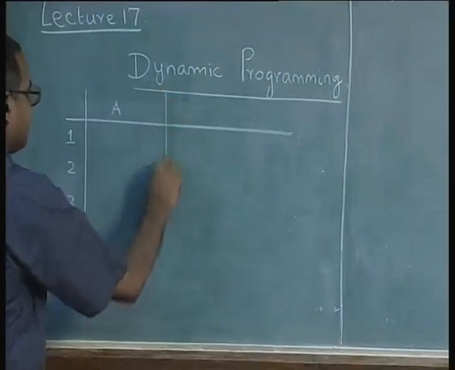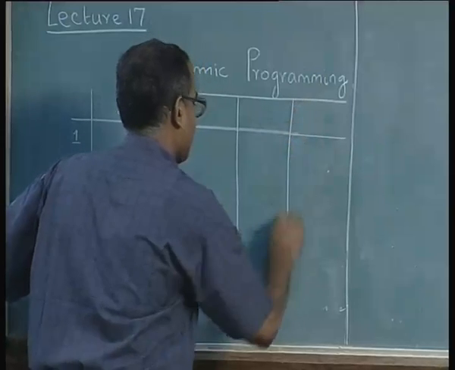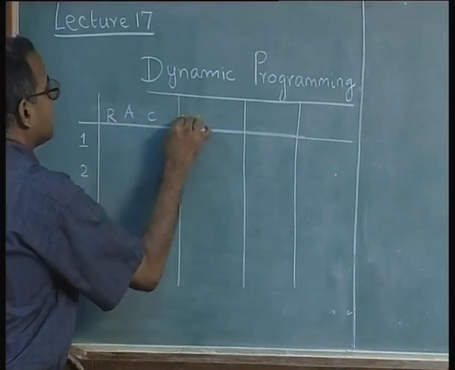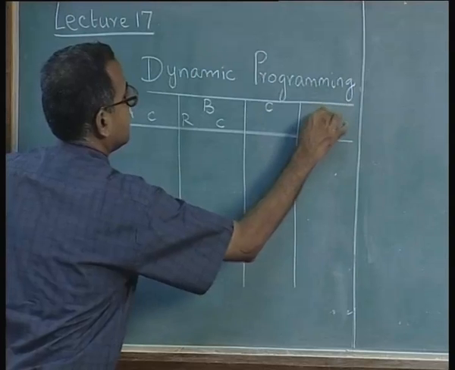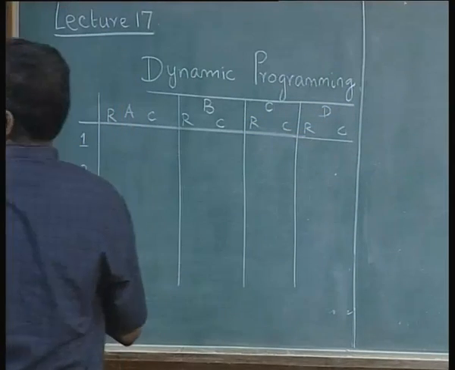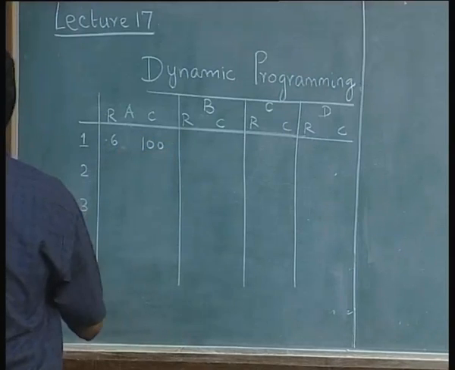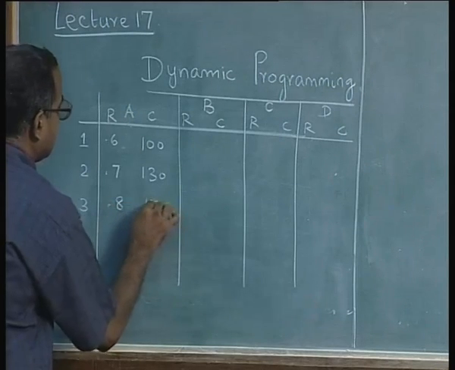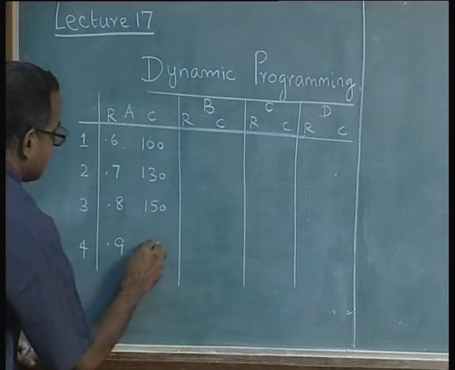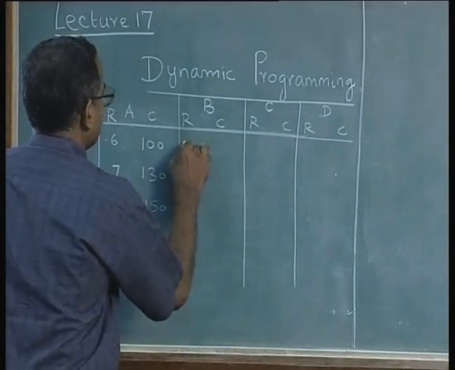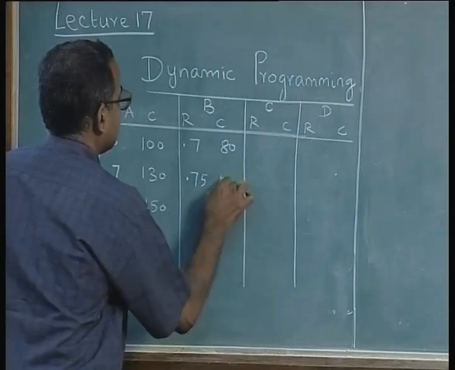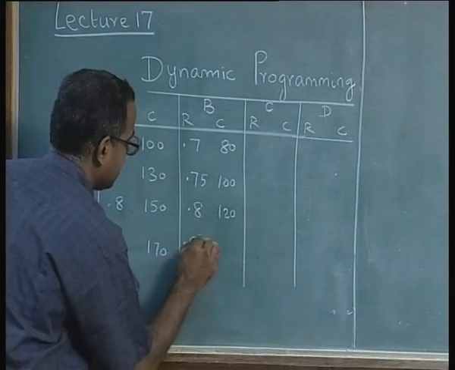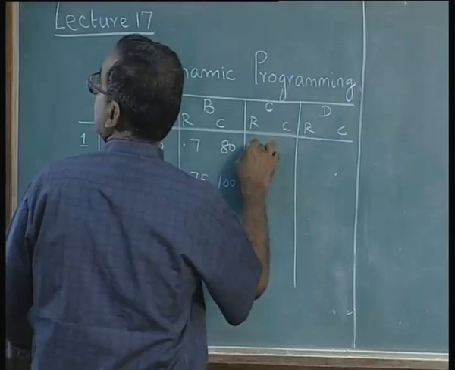Now this is component A. So we have 2 terms, reliability and cost, for C and D as well. 0.6, 100, 0.7, 130, 0.8, 150, 0.9, 170, 0.7, 80, 0.75, 100, 0.8, 120, 0.85, 140, 0.7.